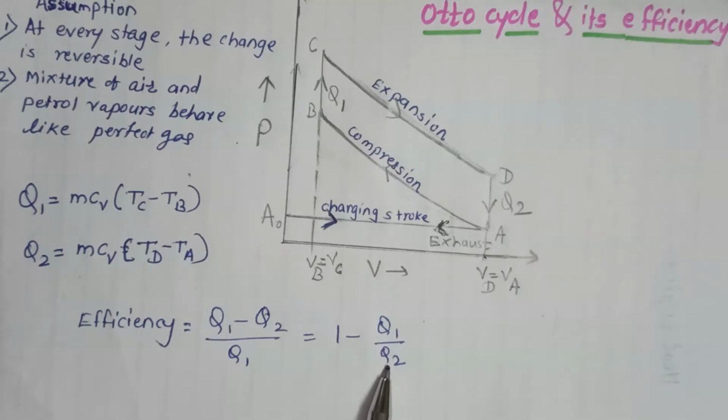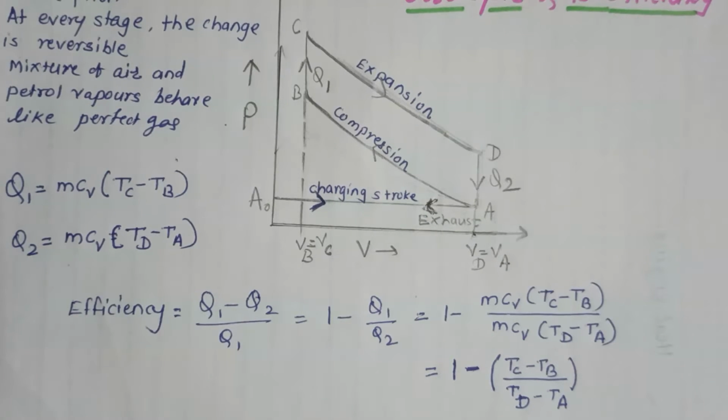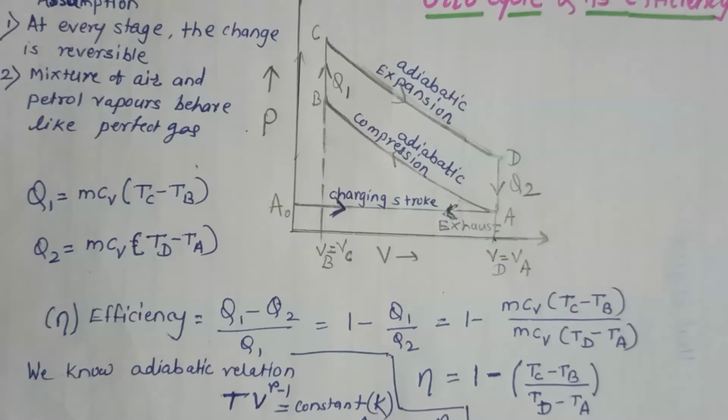Put the value of Q1 and Q2, then we get 1 minus mCv (Tc minus Tb) divided by mCv (Td minus Ta). mCv gets cancelled with mCv, then we get efficiency is equal to 1 minus (Tc minus Tb) divided by (Td minus Ta). Efficiency is denoted by eta. Eta is equal to 1 minus (Tc minus Tb) divided by (Td minus Ta).